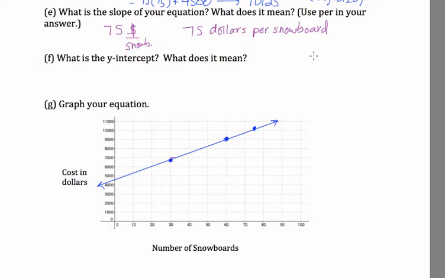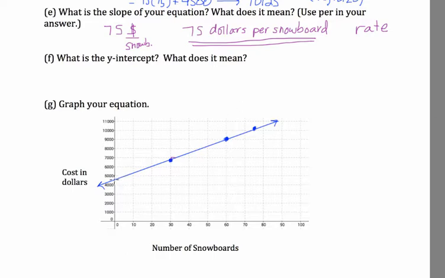Linear equations always have a constant rate. They always go up by the same thing every time. So that $75 per snowboard, the m number, always matches up with our rate. And since it's linear, our rate will be constant or stay the same the whole time. What is the y-intercept?